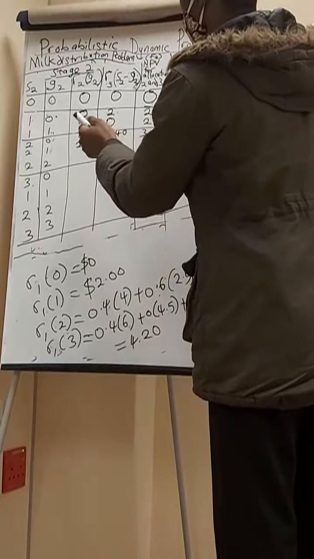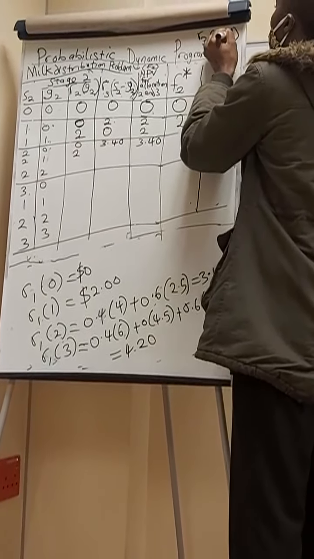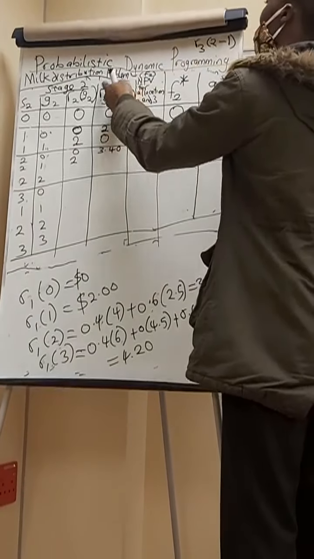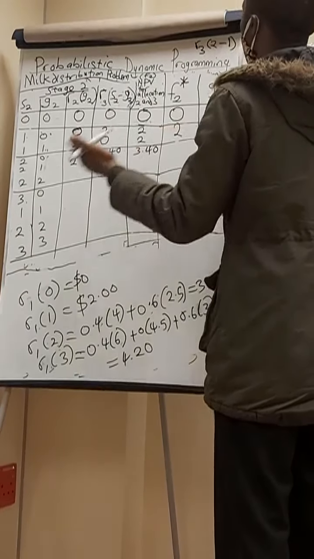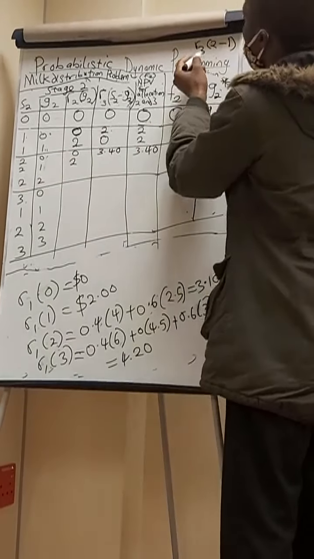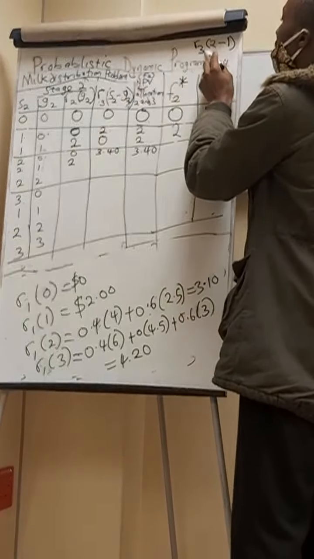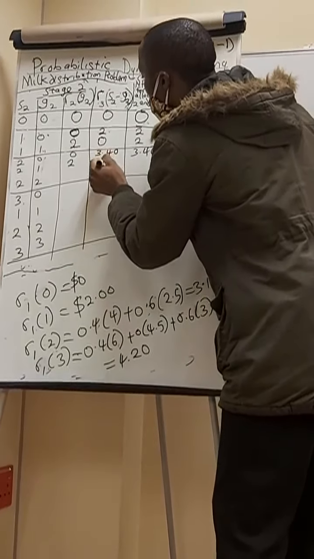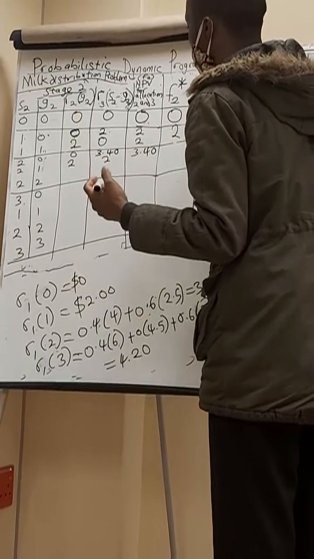Then R3 of 2 minus 1, because I need to get the corresponding revenue in stage 3 for this allocation, since I'm completing stage 2 and stage 3. That will give me R3 of 1, and if you remember, we got 2 as our solution in our stage 1 computation for store 3.